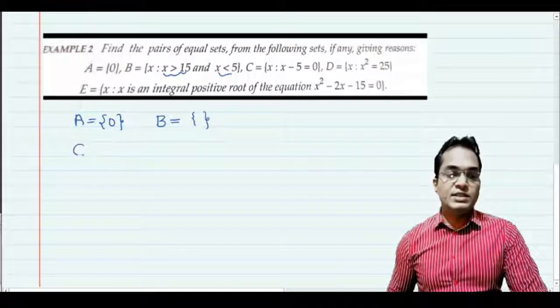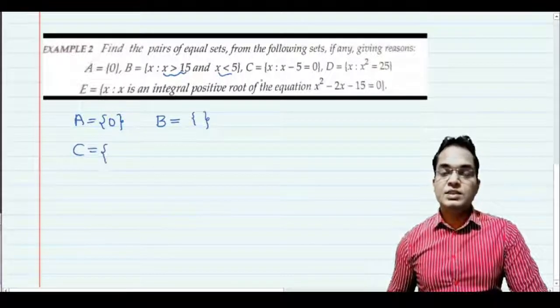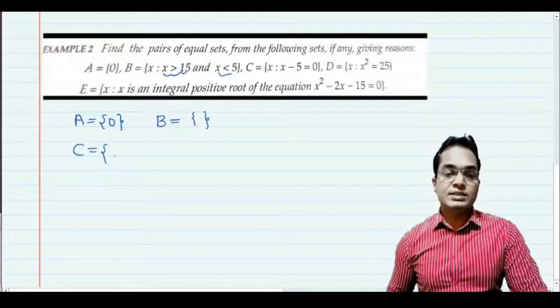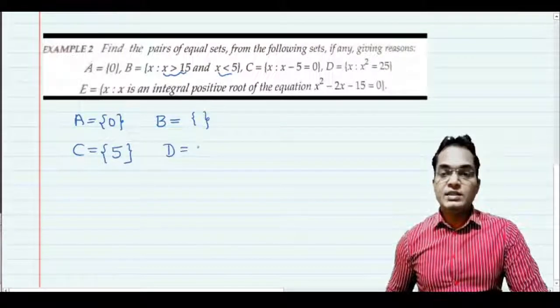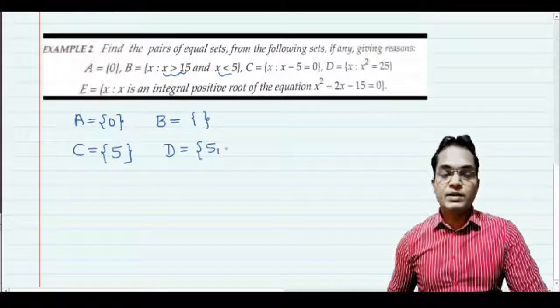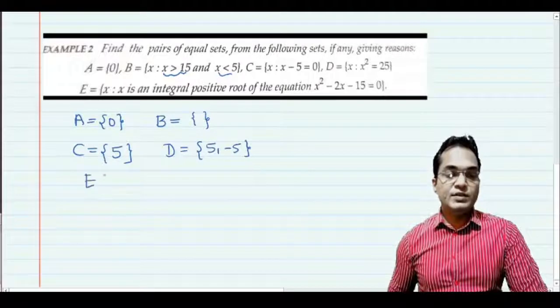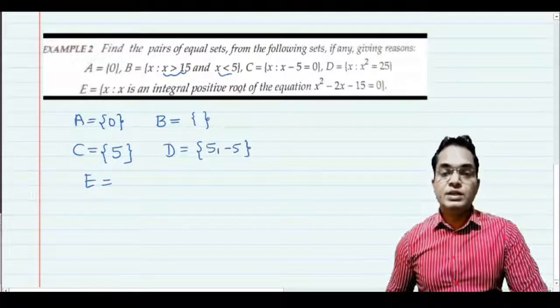C is x such that x minus 5 equals to 0, means the set C is only {5}. D is plus minus 5, you can say plus 5 and minus 5. And what is the E set? x is an integral positive root of this equation.